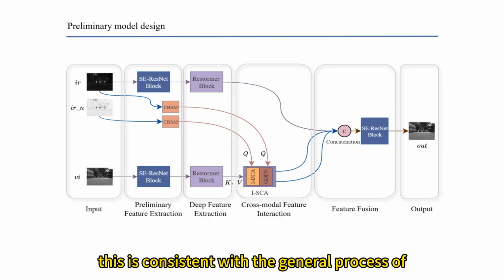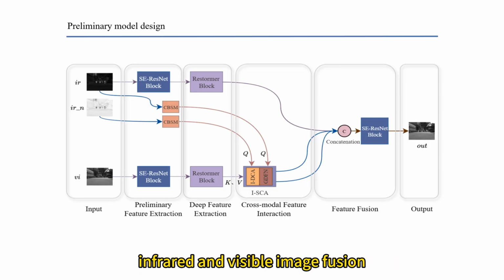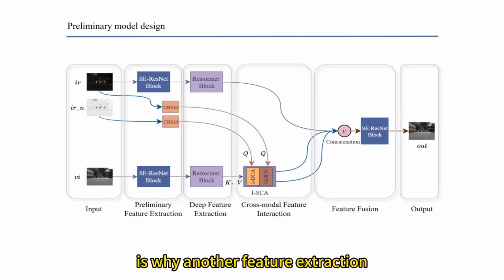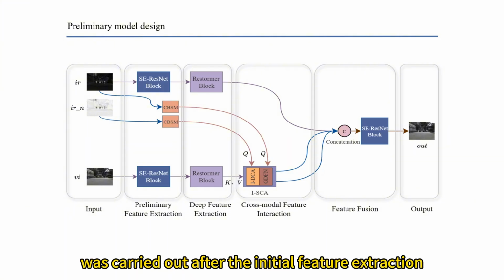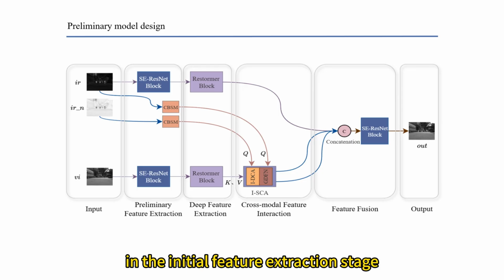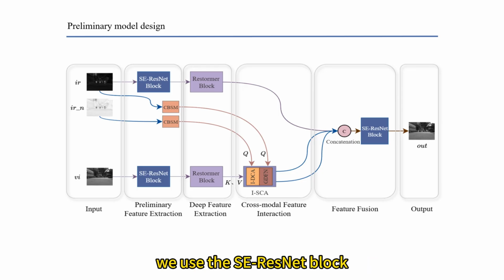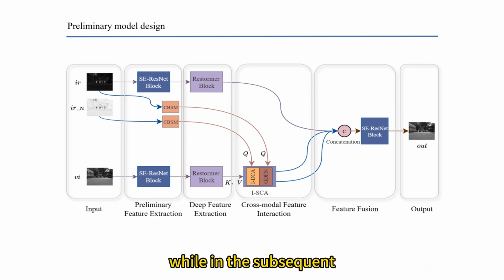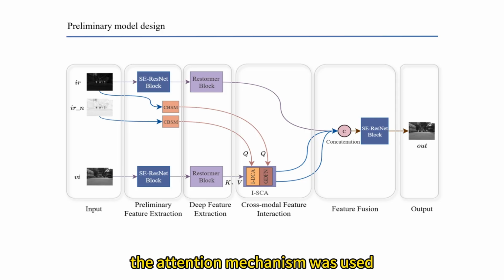This is consistent with the general process of infrared and visible image fusion we introduced earlier, so it will not be elaborated further. But what I want to add here is why another feature extraction was carried out after the initial feature extraction. Well, you can see that in the initial feature extraction stage, we used the SERESNet block, which is a component based on convolution operations, while in the subsequent cross-modal feature interaction stage, the attention mechanism was used.